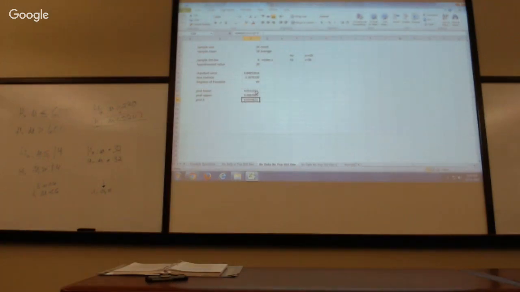Can you say that one more time? So, T-test, yes. The other one is the Z-test. If we know the population standard deviation, then we're going to be using norm.dist for our p-values. And if we do not know the population standard deviation, we're going to be using t.dist for our p-values.